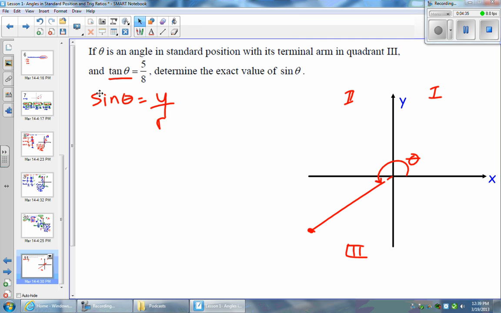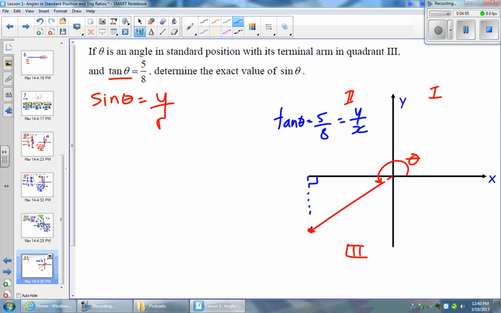Using that terminal arm, we're once again going to create a right angled triangle. Let's look, what side lengths do we know? We know that tan theta is equal to 5/8. So our tan ratio is equal to y over x. That means my y value is going to be 5, so this side length, which is the height, is going to be 5, and my x value is going to be 8.